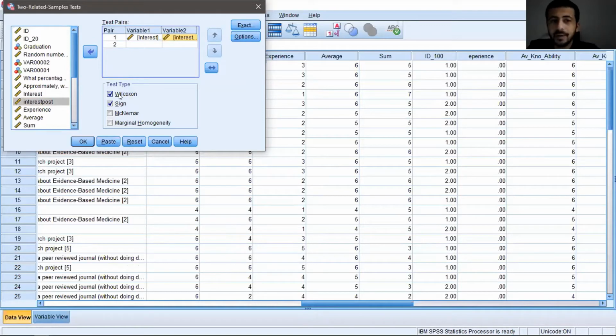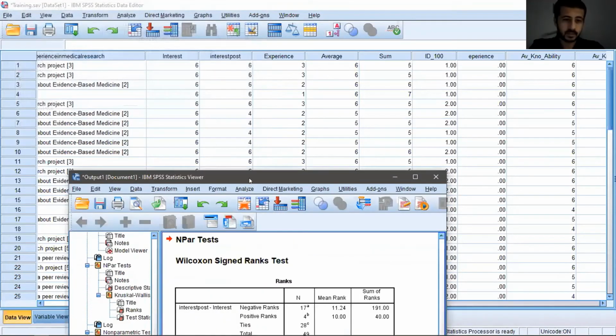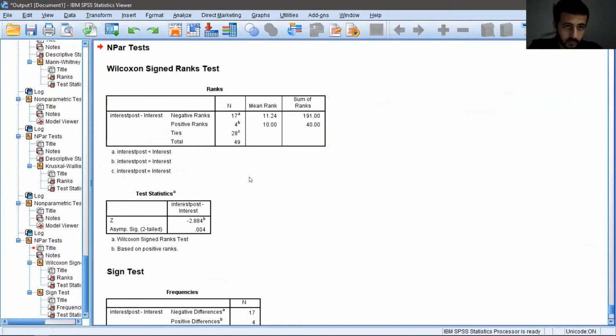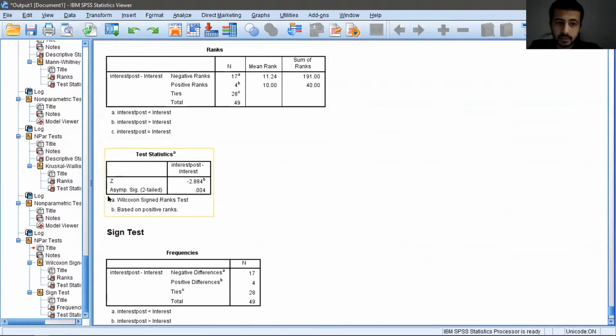Wilcoxon. It automatically checked this, and we need this actually. This is the test: the Wilcoxon test for two samples that are paired, and here we can see the significance. We used the ability column and renamed it, but okay, we are learning the concept. I have two columns, one before and one after for the same sample. We are comparing them to each other, and we have a significance.